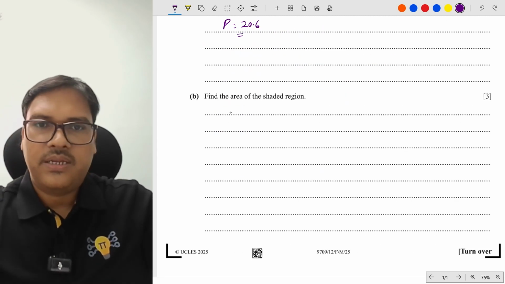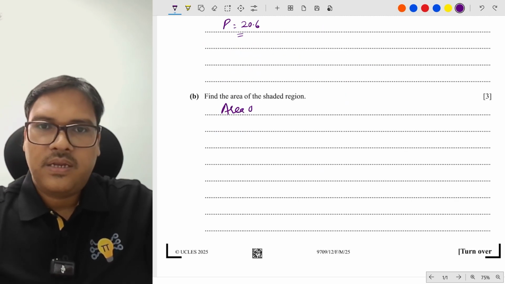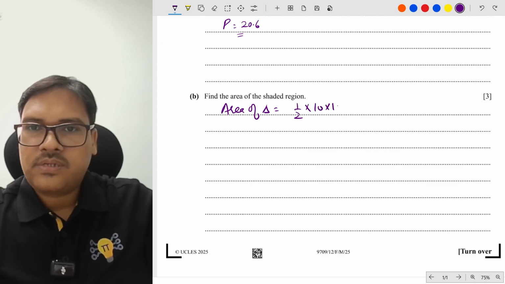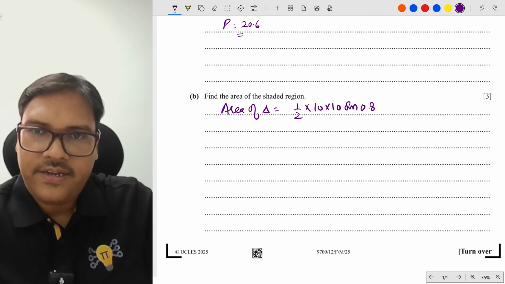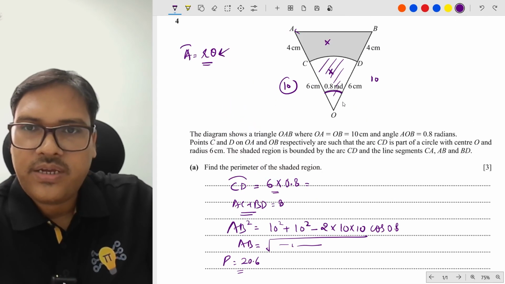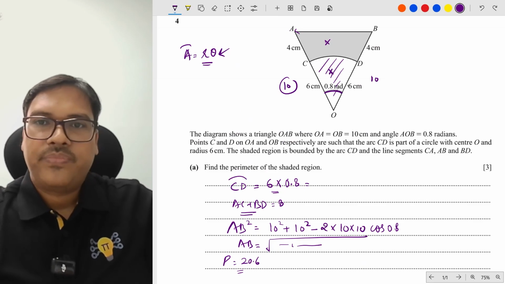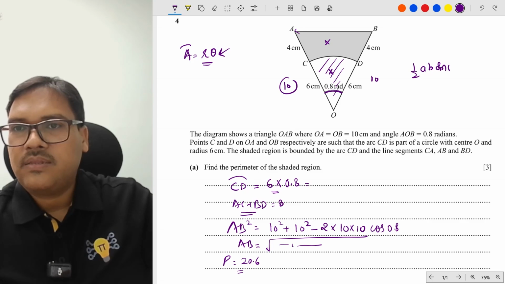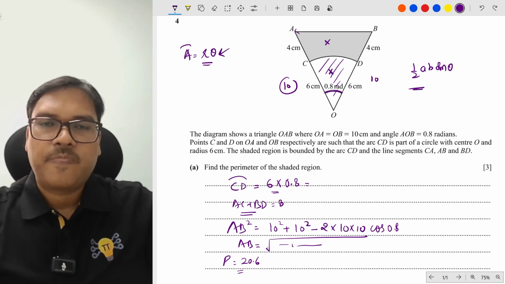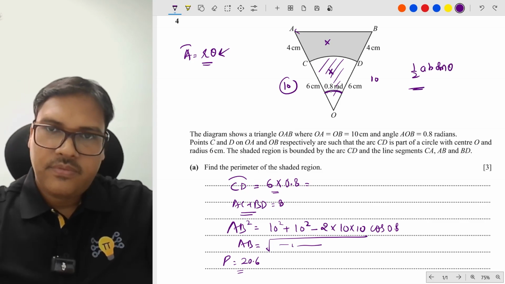Area of triangle is equal to half the sides and the angle between them, that is 0.8 radians. The sides are 10, 10, and the angle between them, half AB sine theta. That is the formula which we are using, right? This is the area of the triangle.